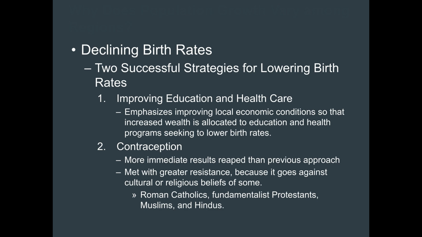Health programs also seek to lower it by telling people about the consequences, I guess. Better educated about what is coming from it, how much a baby costs, how much time babies take up, all those things. And so as people are educated on those, they postpone having children for later and later times.